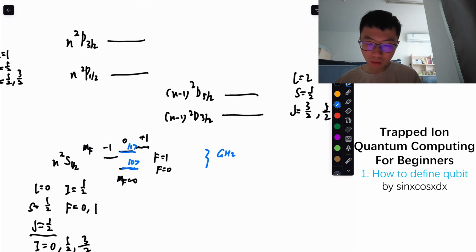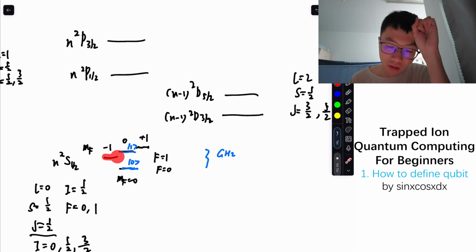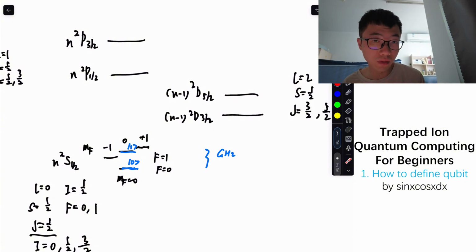So as we know, there are 3 states here. So you may ask, why not use this or this? It's because the energy of these 2 states could be affected by the magnetic field, which we don't want. Maybe because the magnetic field may not be stable, when the magnetic field has fluctuations, the energy levels of these 2 states will be changed.